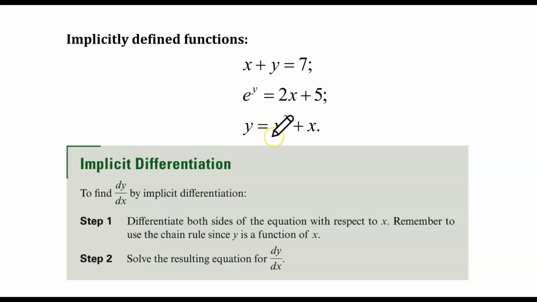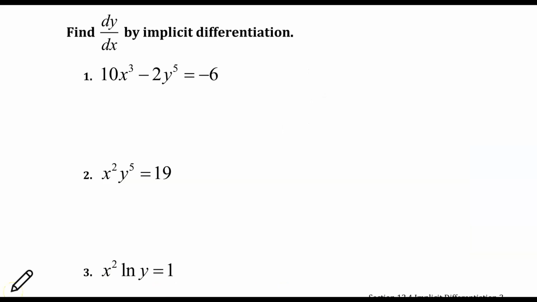For instance, when you differentiate y cubed, you would differentiate it as 3y squared dy/dx. After you differentiate both sides of the equation, you will then solve the resulting equation for dy/dx. To illustrate this, let us consider the following examples.